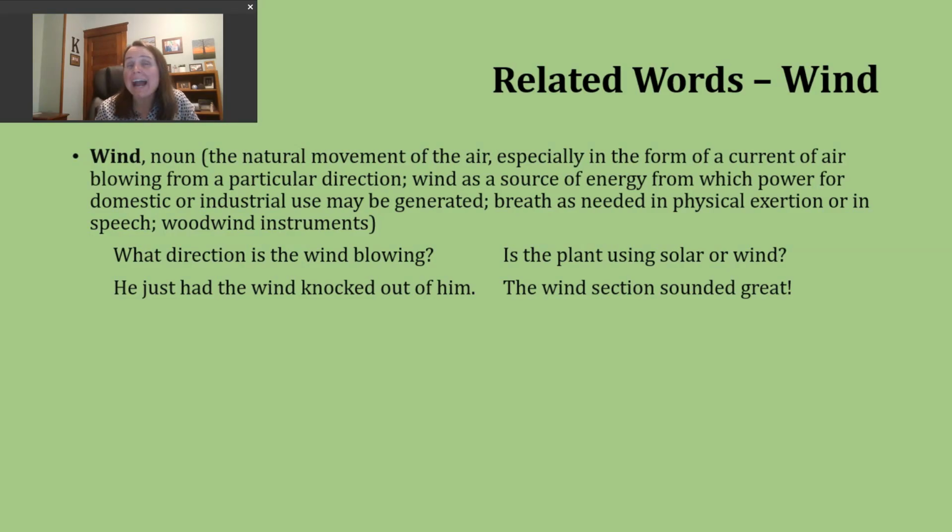Another way you might encounter the noun wind used is as a short form to describe woodwind instruments. This could include things like flutes and clarinets and piccolos and many other instruments, but you'll notice these come from using one's breath. So an example of how you could hear this used in a sentence: the wind section sounded great.